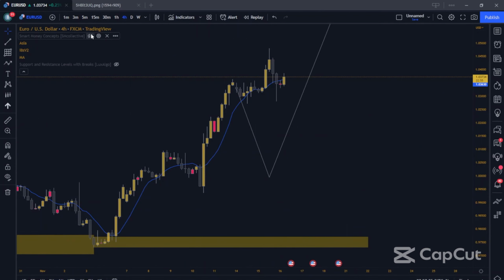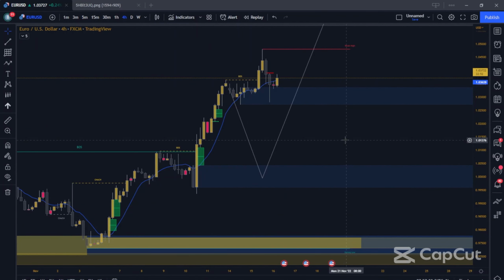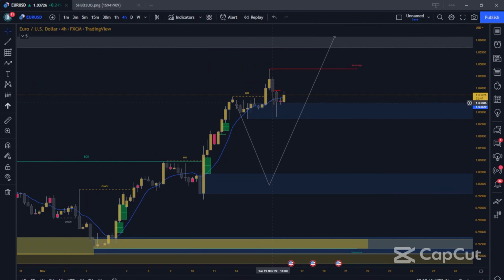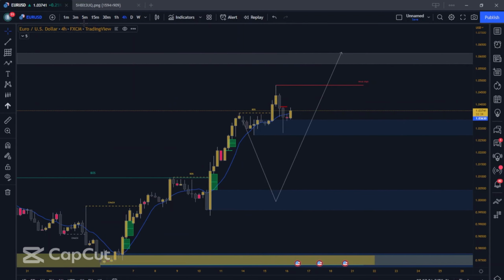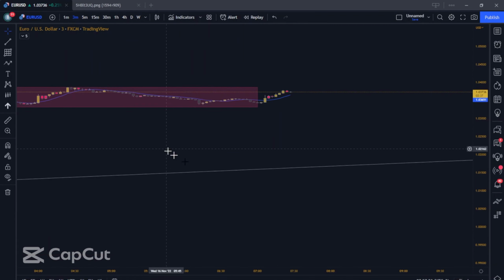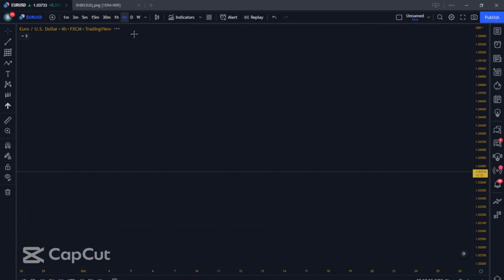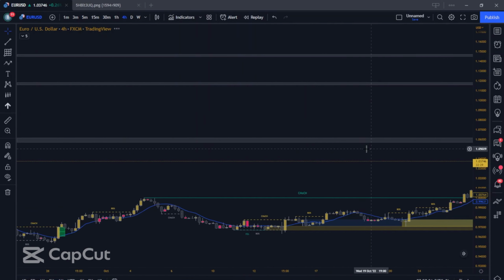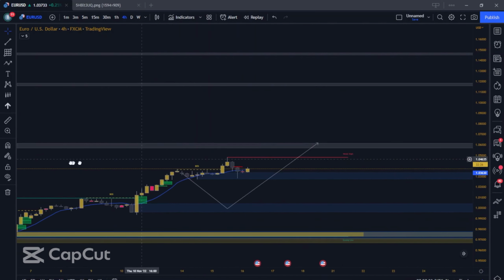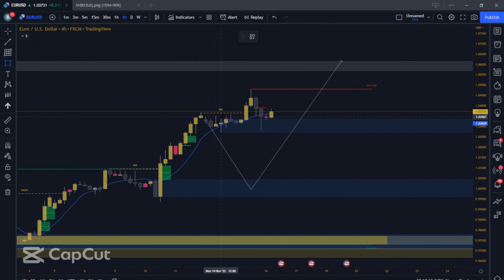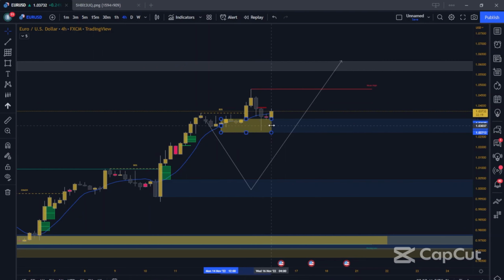See what's going on with the indicator. Okay, yeah, beautiful. It spat out this demand, which price reacted to. Let's see if it gave us an entry. I need to mark that out. Okay, so it spat out this demand zone here.